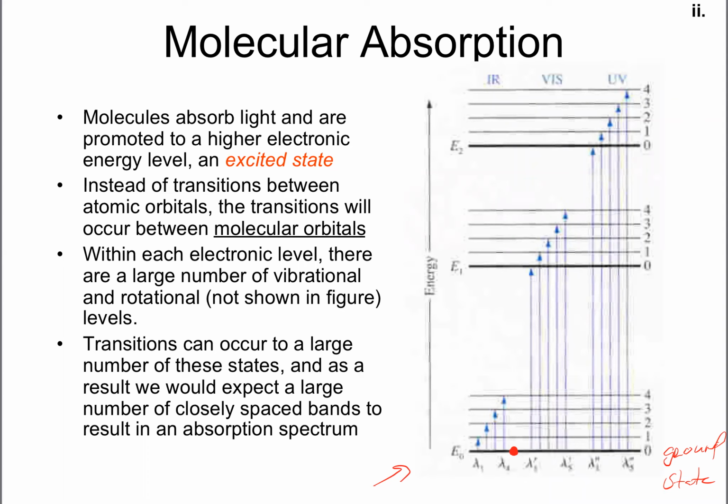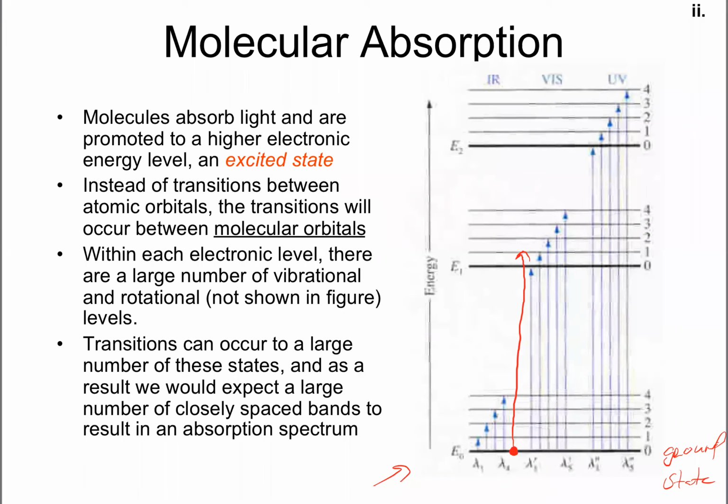And if we're going to do an electronic transition, what we're going to do is take that electron, which is in this molecular orbital, sometimes called the highest energy occupied molecular orbital, or HOMO, and we're going to move it from this ground state where it typically resides because it's the most energetically favorable. And we're going to place it into a different molecular orbital, maybe we bring it all the way up to here.